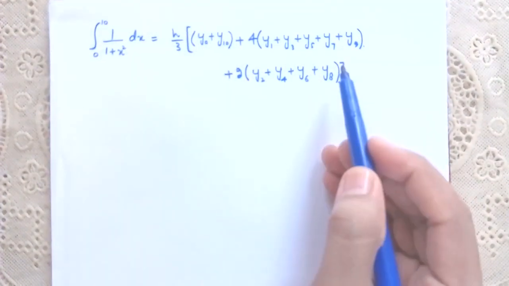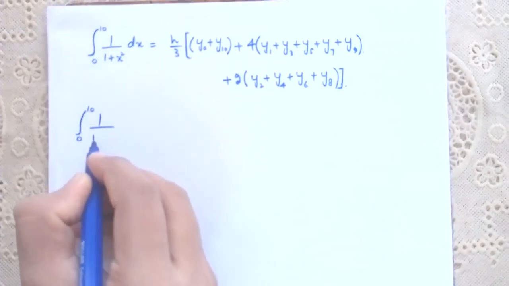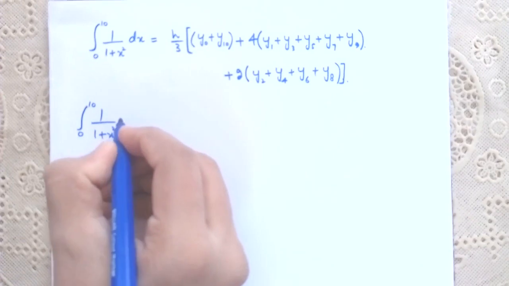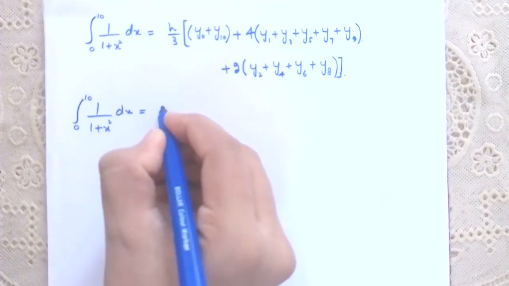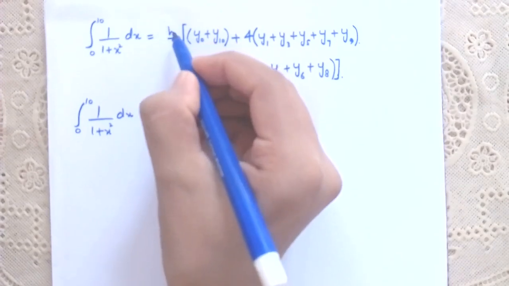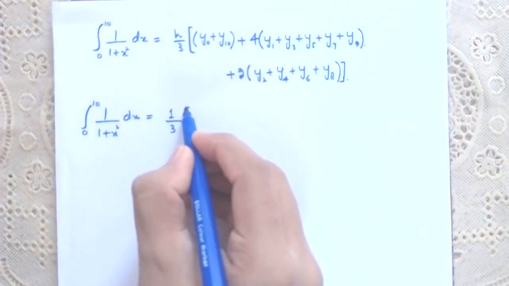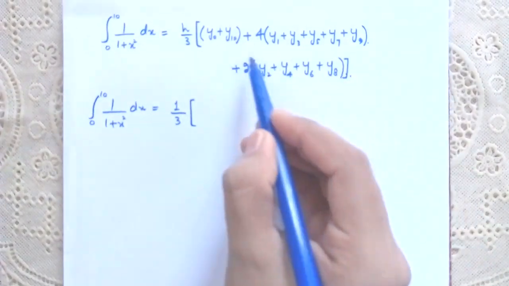Now substitute the values. So integral from 0 to 10 of 1/(1 plus x²) dx is equal to 1/3 because here h is equal to 1 means length of subinterval is equal to 1. Now substitute the values of y.